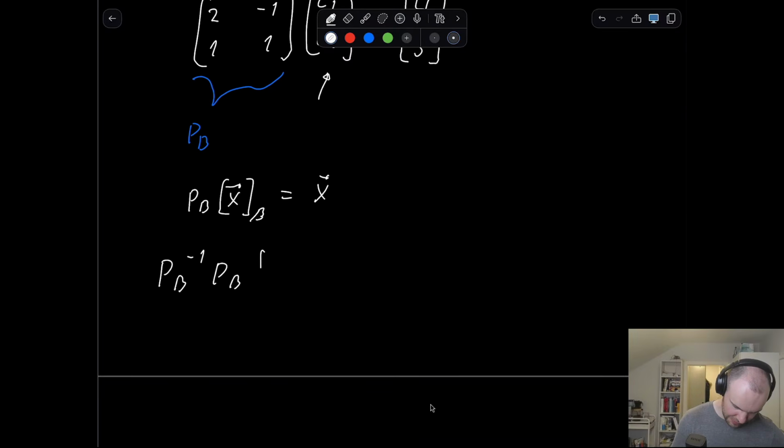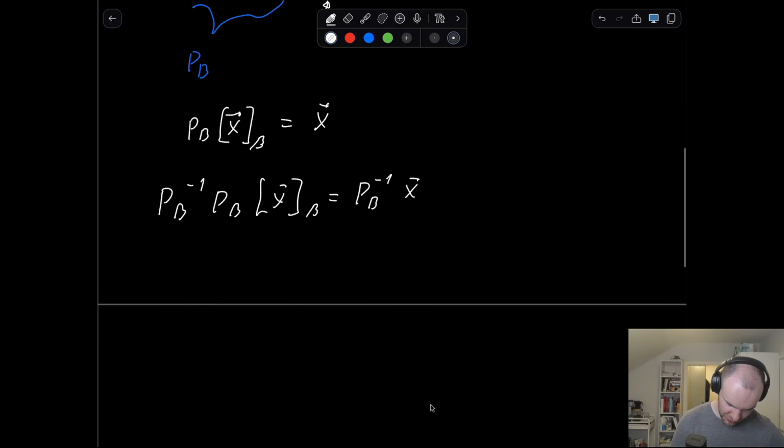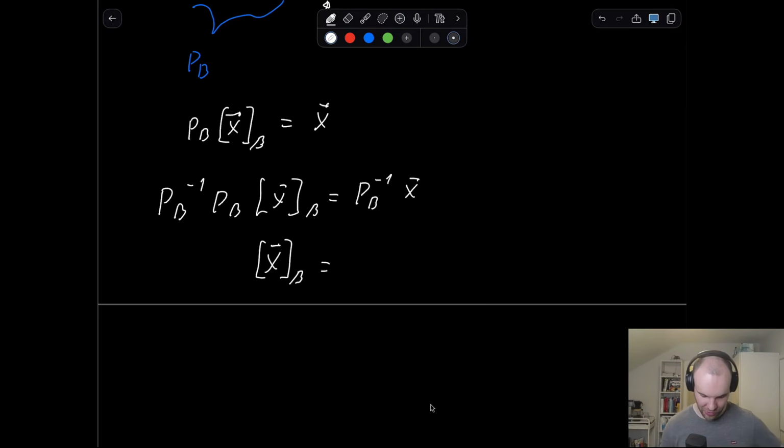So I have P_B, I have x, and the coordinates with respect to the basis. Now I multiply the same on this side, and then I have the identity matrix. I don't remember the name, it's alright, but that's just one in matrix terms.